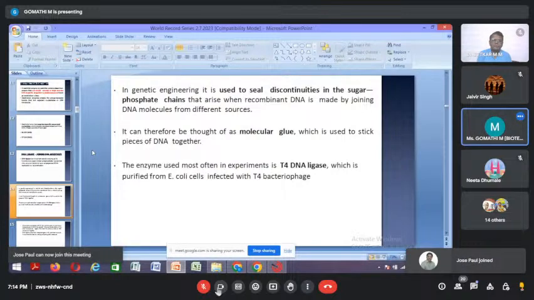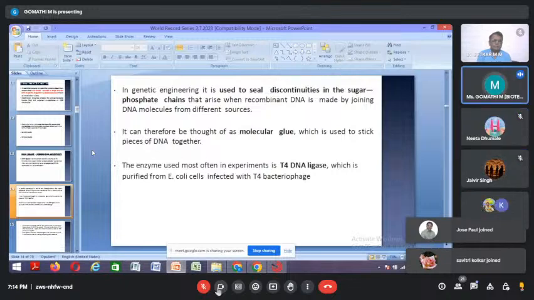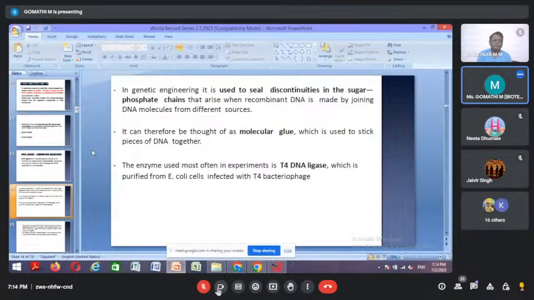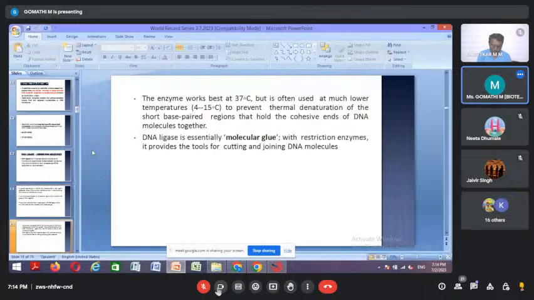The enzyme used most often in experiments is T4 DNA ligase, which is purified from E. coli cells infected with T4 bacteriophage. The enzyme works best at 37 degrees Celsius, but is often used at much lower temperatures to prevent thermal denaturation of the short base paired regions that hold the cohesive ends of DNA molecules together. DNA ligase is essentially molecular glue with restriction enzymes.